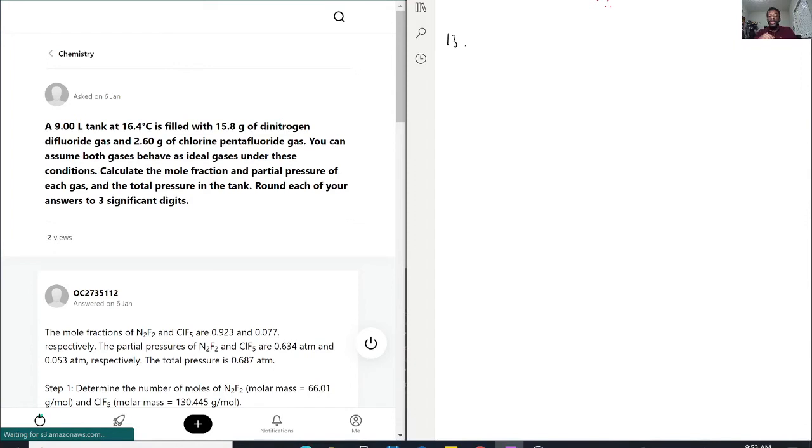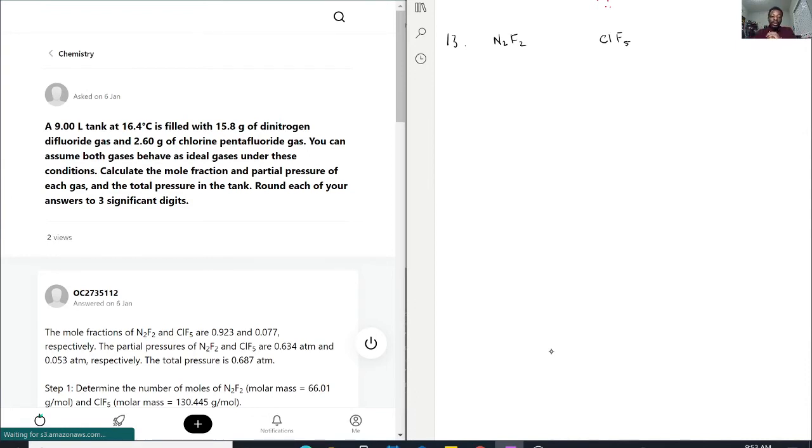So the easiest part here we're going to tackle first is the mole fraction, because we're going to convert those grams as they listed into moles. So dinitrogen difluoride gas will be written as I said, N2F2, okay? And chlorine pentafluoride is known as ClF5, because penta is 5, okay?